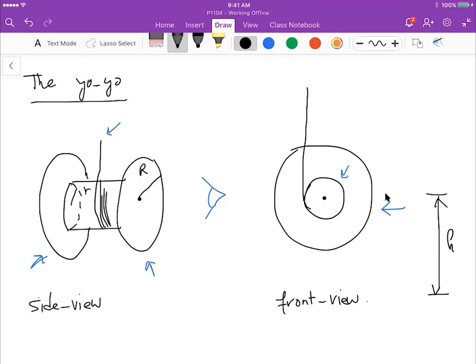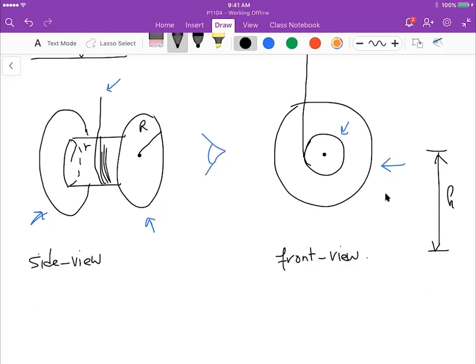We have to find the acceleration A of the center of mass, the tension in the string, and the speed after it has traveled this distance h. So again, we first have to discuss the motion. What is the type of the motion? What Newton's law to apply, and then draw all the forces acting on the object. So let's start first with the type of motion.